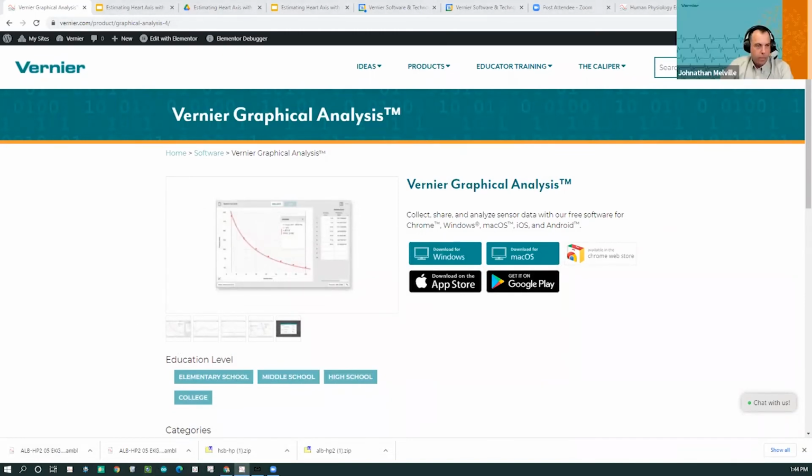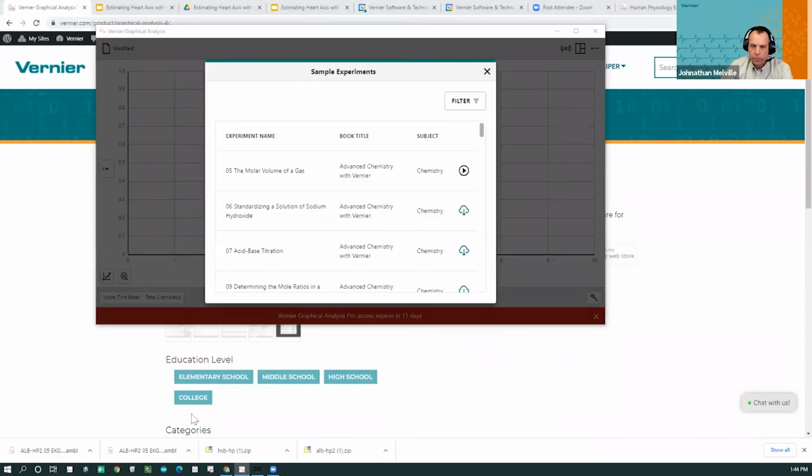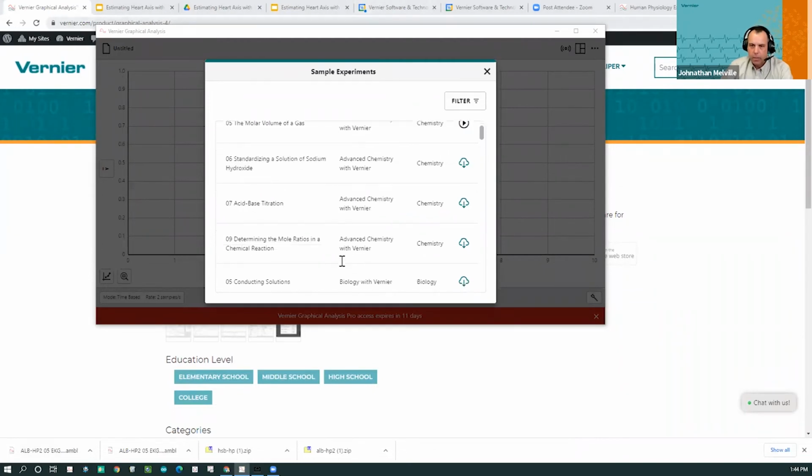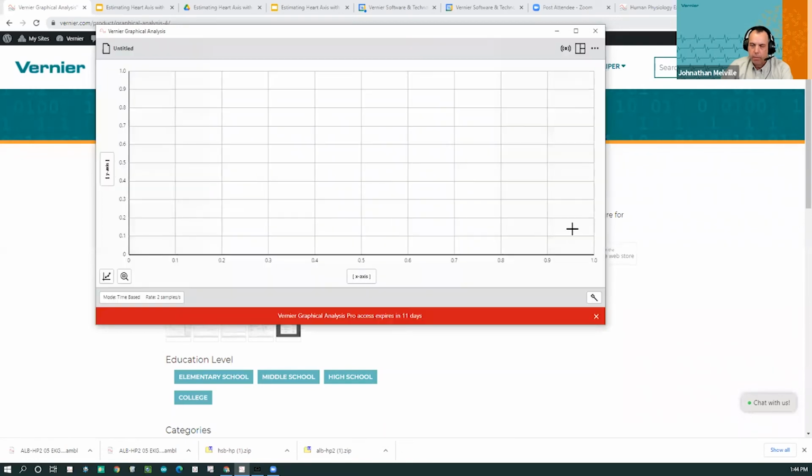All right, so let me open up graphical analysis again. And let's just say you wanted to take a look at an experiment. Oh, there is a question. Oh, yeah, sure, no problem. Okay, so let's take a look at this monitoring EKG experiment again.